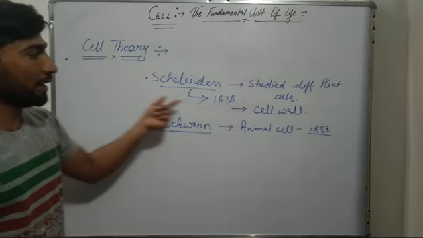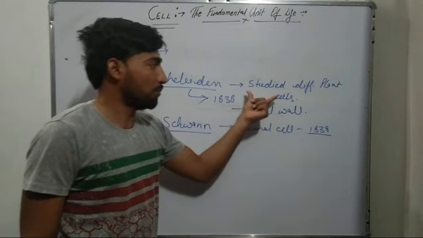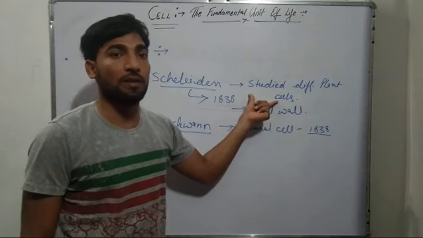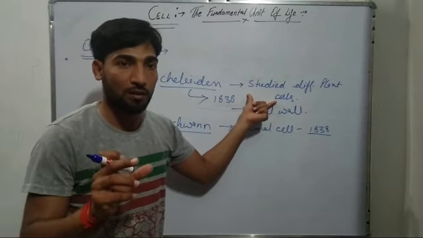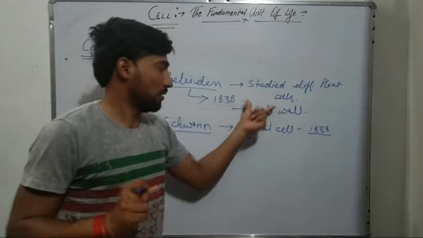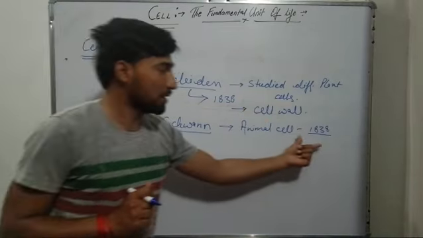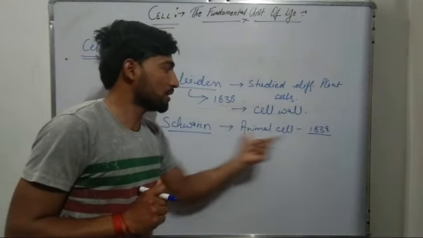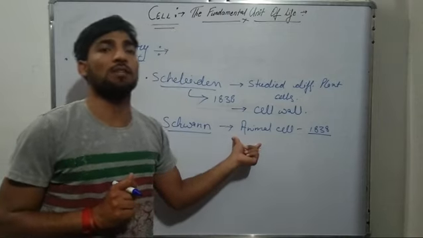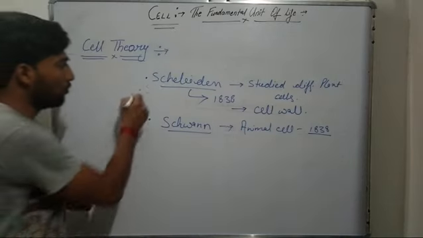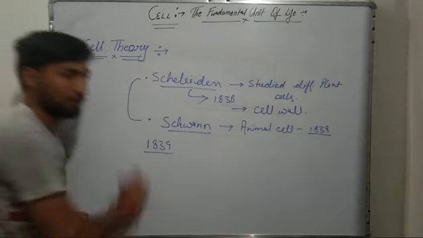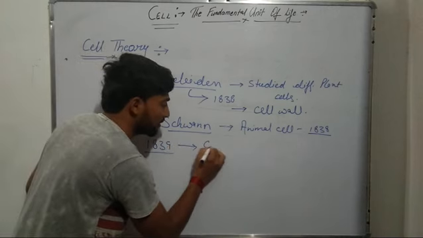So Schleiden in 1838 studied different plant cells and found that all plant cells are similar. They contain a cell membrane which is also bounded by a cell wall, and a nucleus. And Schwann in the same year, 1838, studied the different animal cells and found that the animal cell lacks the cell wall. Both these scientists in 1839 then jointly forwarded the cell theory.